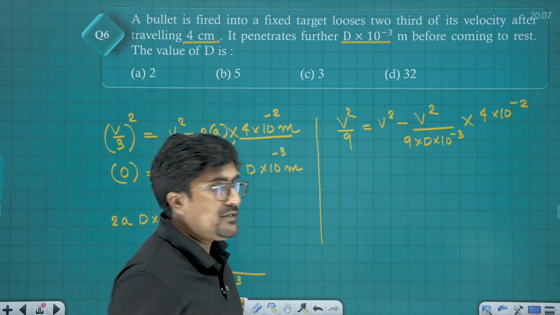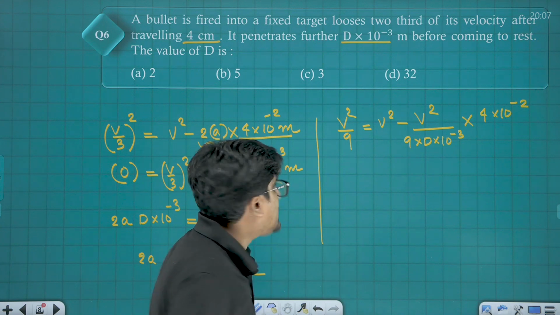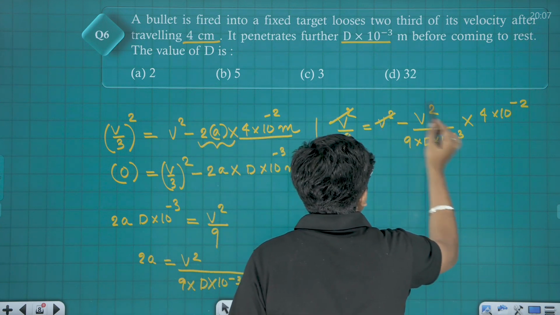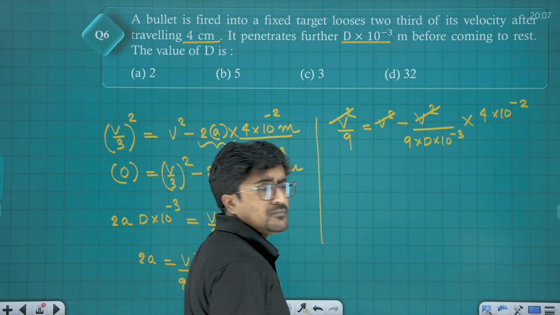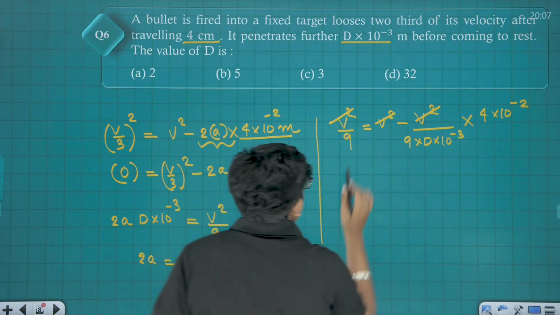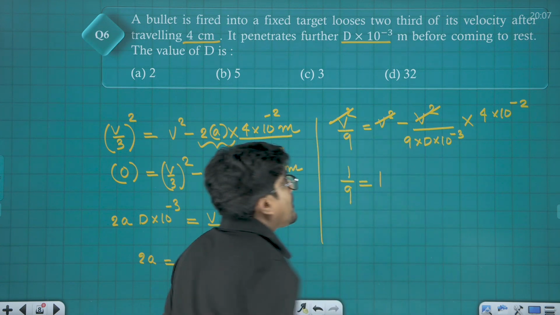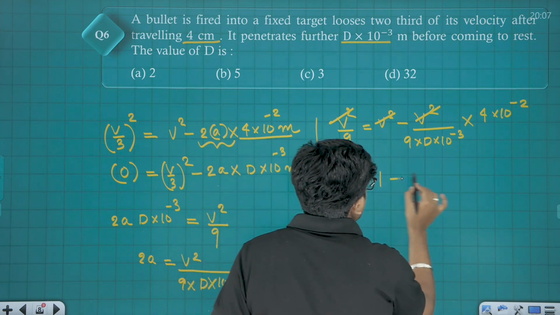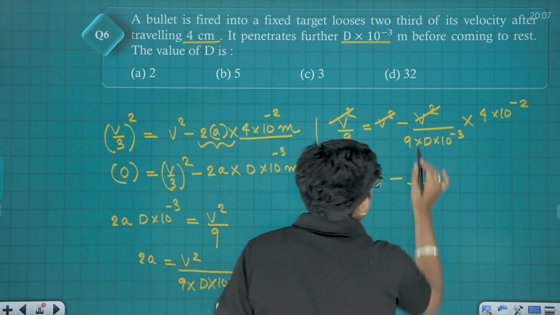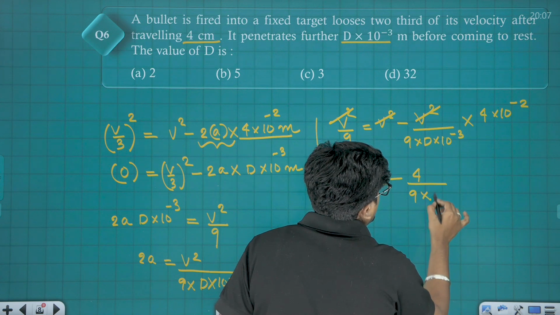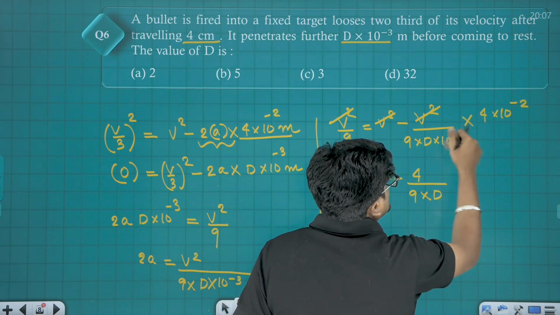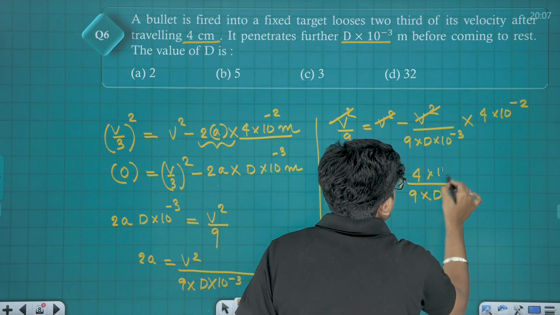Meter and meter will cancel each other, that's why I am not considering that. So v square and v square and v square will go. Now what I am left with is 1 upon 9 is equal to 1 minus 4 upon 9 into capital D, and let me take this to the top. So this is going to be 10 basically.